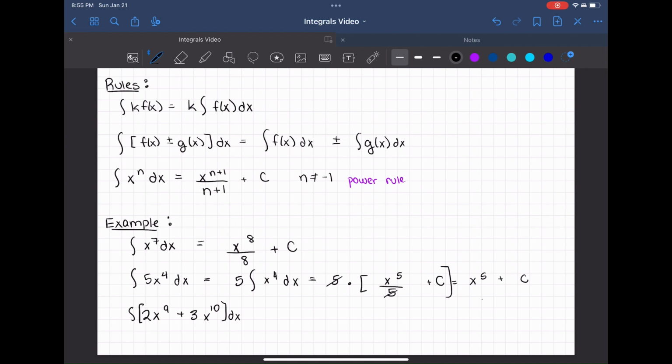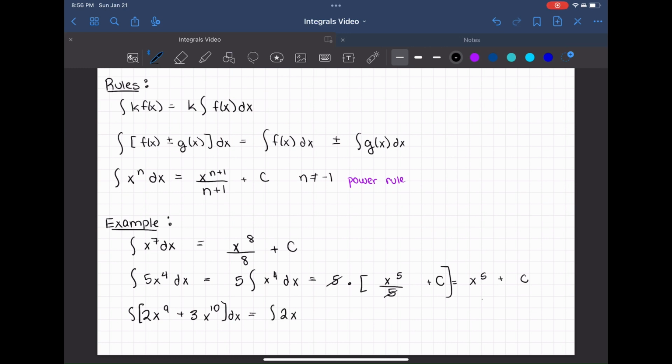Okay, let's take this example right here. For the first time, I'm going to write it all out just so we're all on the same page. But in future lessons, we're going to do this all in our heads, or some of it. For now, we realize that there's a plus sign, and so we get to follow the above rule, which basically means I can treat them separately and integrate them separately. So I'm going to write it out for you this time.